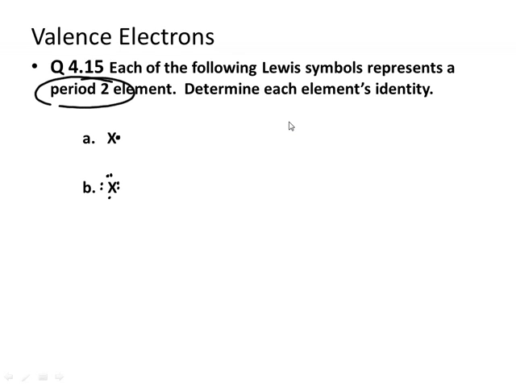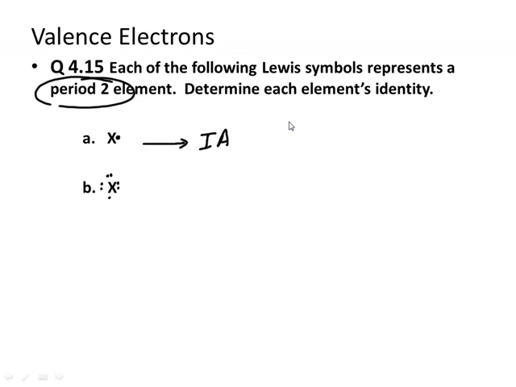So once again, remember that the Lewis symbols only show the valence electrons as dots around the elemental symbol. Looking at part A, if the element X has only 1 valence electron, that tells me that this element belongs to group 1A.